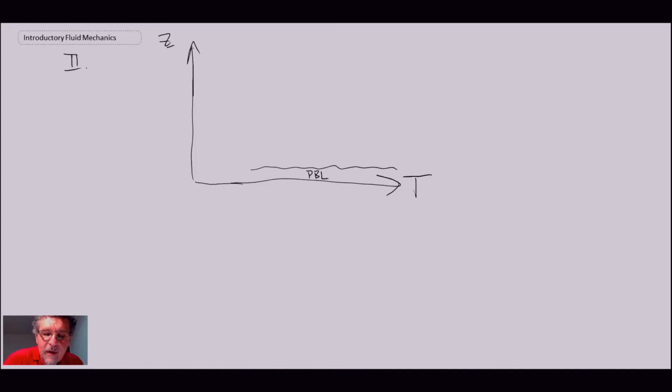If we were to look at how the temperature changes, with temperature on the horizontal axis and Z, elevation or altitude, on the vertical axis, what we'll find down here is the planetary boundary layer. The temperature more or less will change depending upon day or night. But when you get above the planetary boundary layer, temperature will drop.